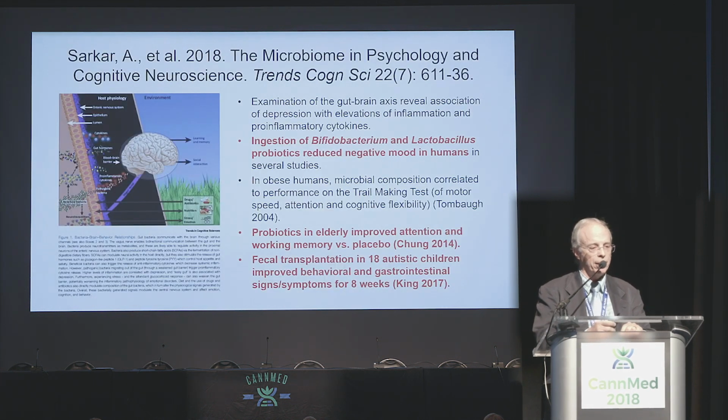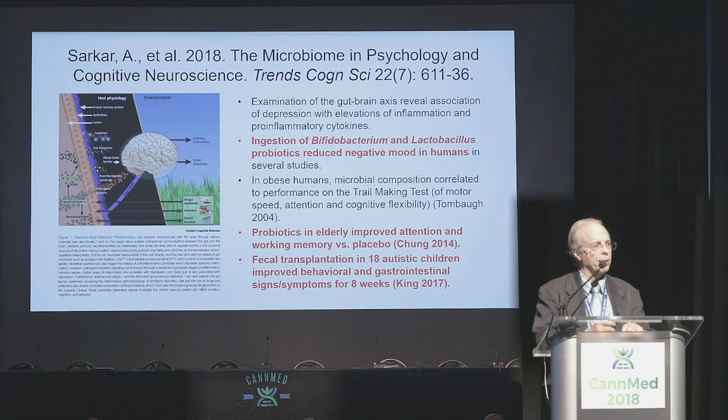Some other studies looked at the relationship between the microbiome and psychology. When people ingest Bifidobacterium and Lactobacillus probiotics, it reduces negative mood, a treatment for depression. Probiotics, these special bacteria, in elderly patients improved attention and working memory as compared to placebo, and that was statistically significant.